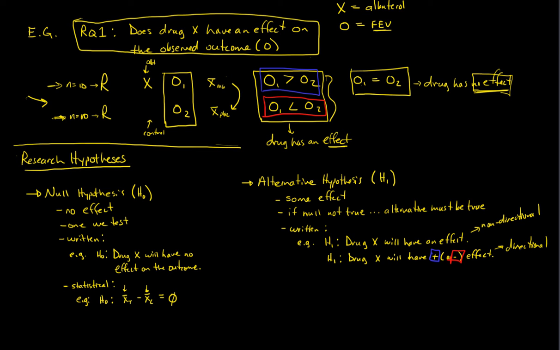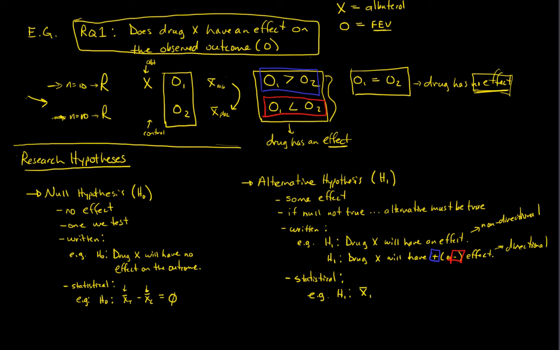Well, if it can be written, it can also be done statistically. What on earth would that look like? Let's give an example here. H sub 1 here.